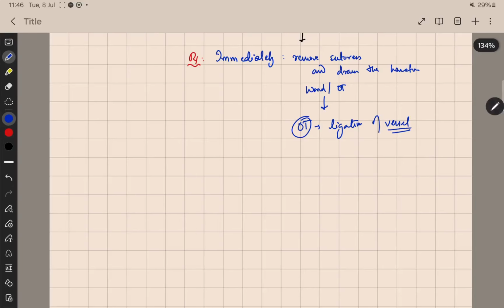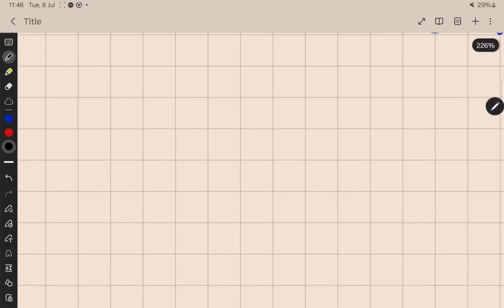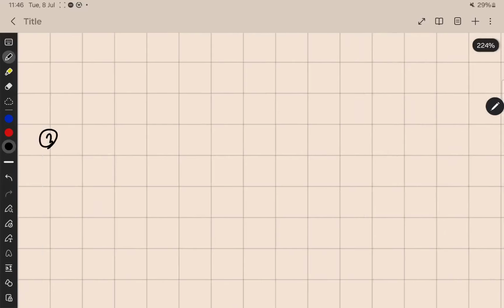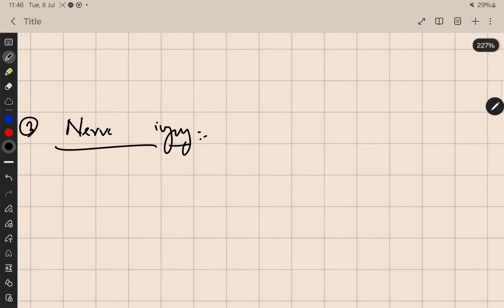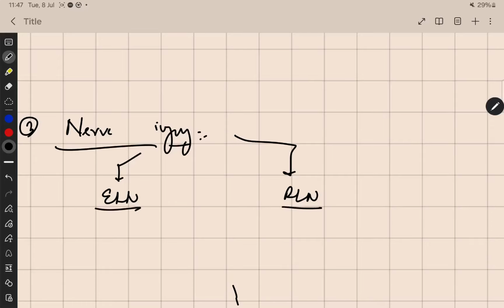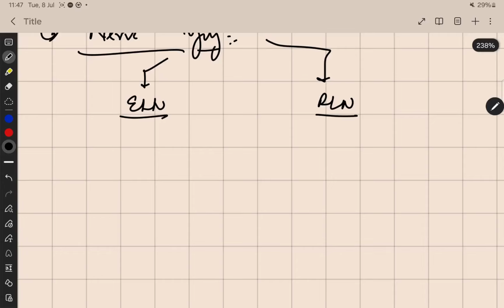Third is injuries to nerves. As I've said in my second slide, there are two nerves that are most important, that is the superior laryngeal nerve, that is the external laryngeal nerve, and the recurrent laryngeal nerve. As I told you, the external laryngeal nerve is a tensor of the vocal cord. So it helps to produce high pitched sound.